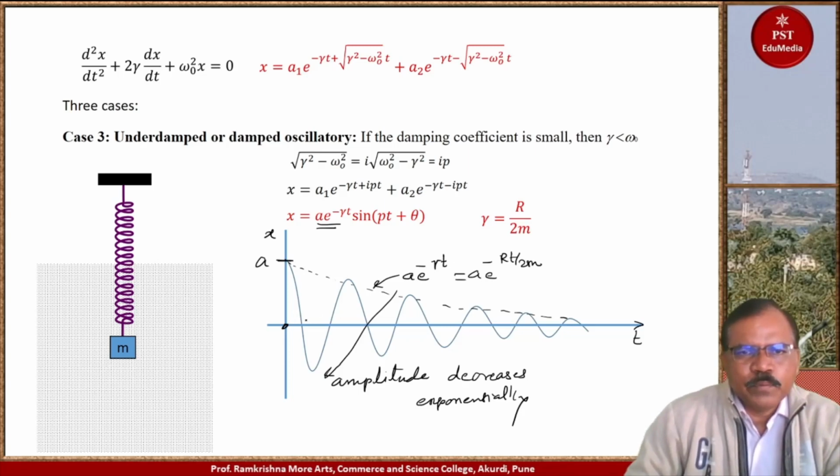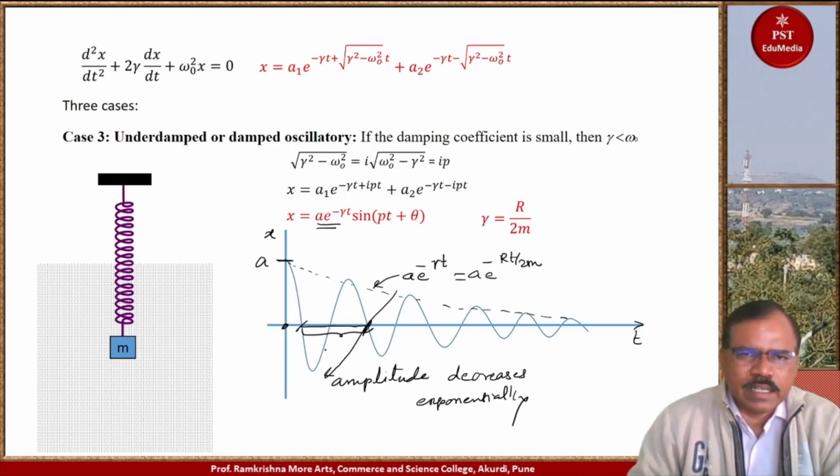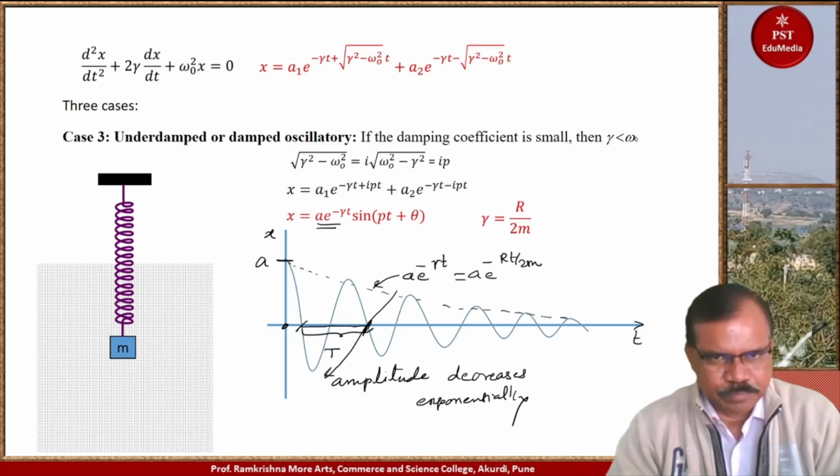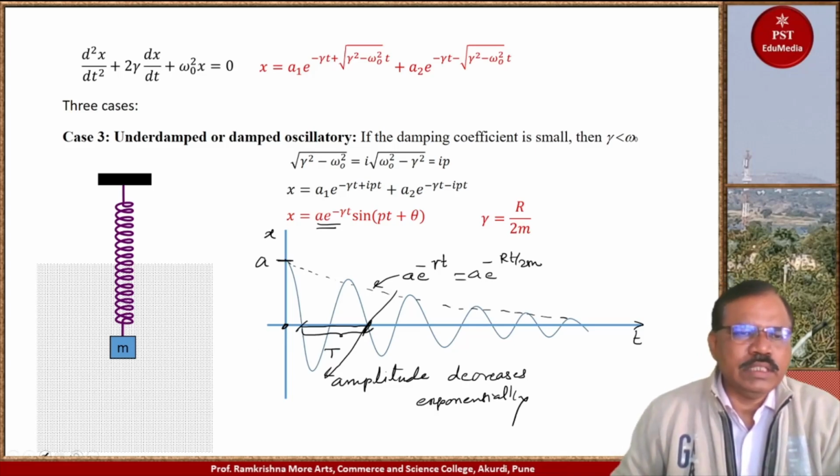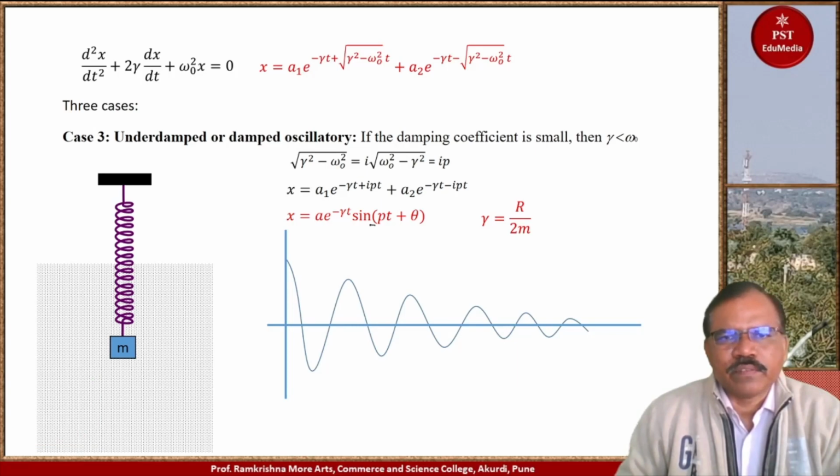Now if we measure this time for one cycle, that is called the periodic time. Now see here, if we take this equation, I can write this as a sin(pt plus theta), where p we know is square root of omega 0 square minus gamma square.